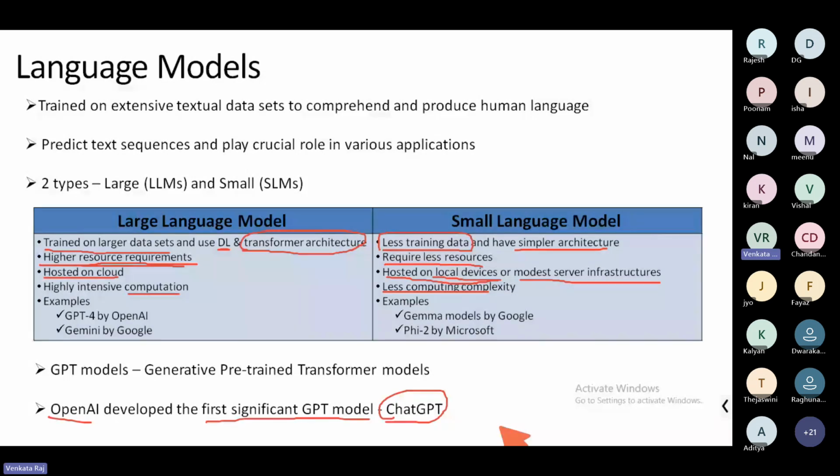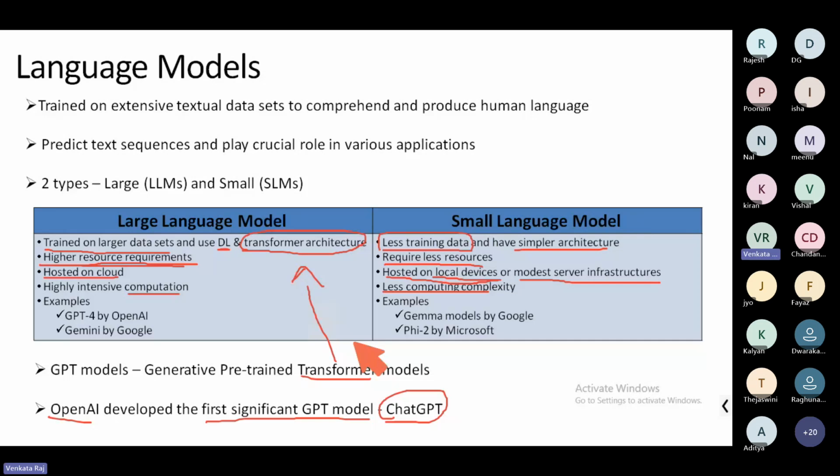Now, some very, very important points. These GPTs, generative pre-trained transformer models, are based on the transformer architecture, everyone. We'll go to the architecture. These GPT models are trained on specific data sets.